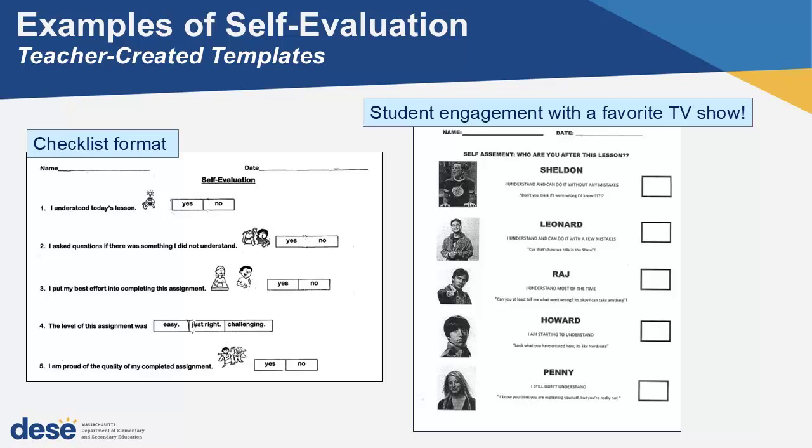Here's a fun one. Obviously, the student liked the Big Bang Theory, so the teacher created a self-evaluation on their favorite TV show. And here's another one that's a checklist format. These are all great ideas. And again, you can do what works best for you and for your student.